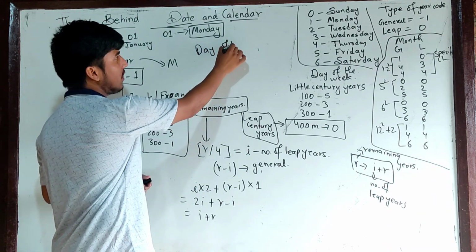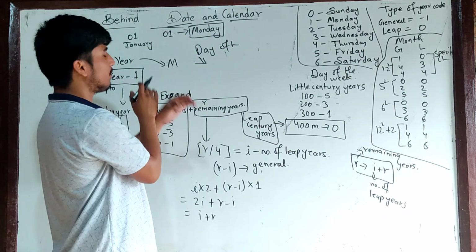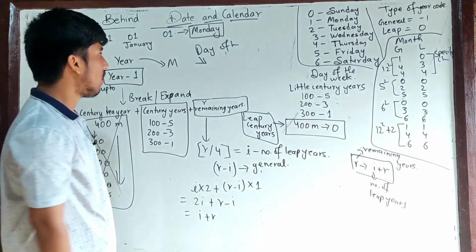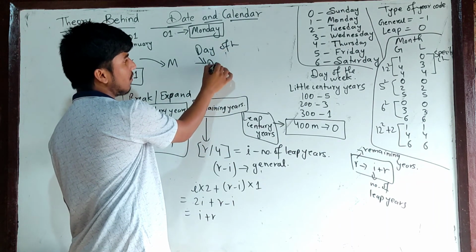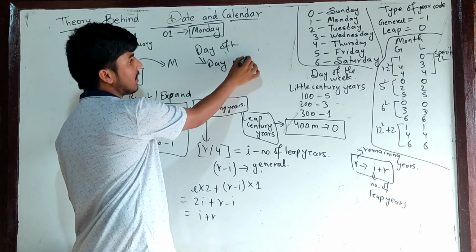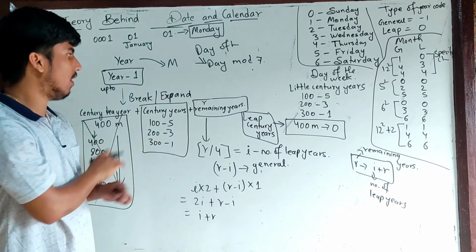And after that, finally we move on to the day of the month, right? The last part is the day of the month. For finding the code of the day of the month, or the number of odd days in these days of the month, we simply have to perform modular division by 7, and this will give us another value. So we have codes for all, right?